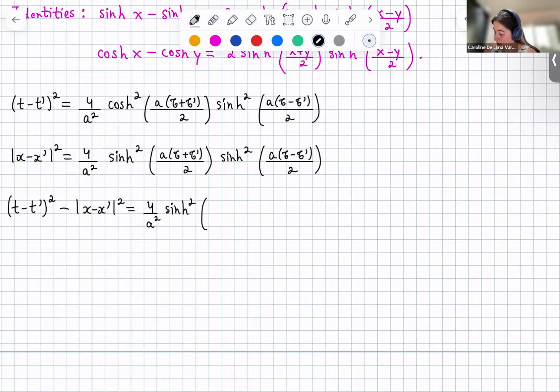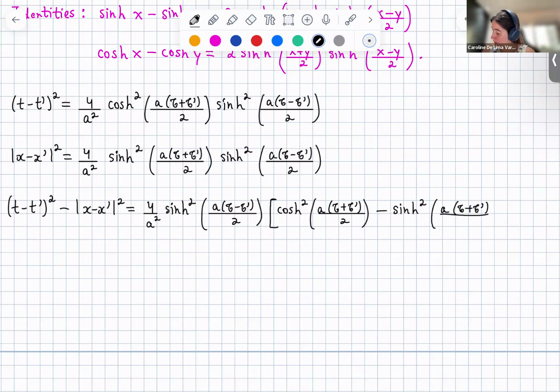Then here I just get cosh squared of a (tau plus tau prime) over 2 minus sinh squared of a times (tau plus tau prime) over 2, and there is an identity that says this is simply 1.